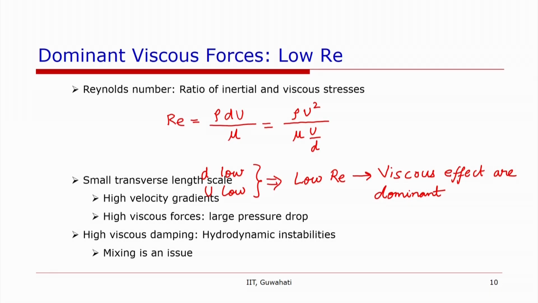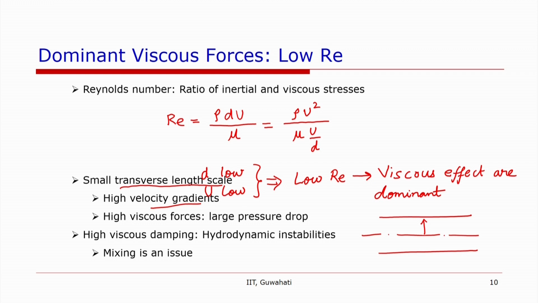The small length scales, or the transverse length scales, are small. So, that means the velocity gradient in a channel, if you look at diffusion that is happening, the length scale over which the diffusion is required is smaller and smaller.